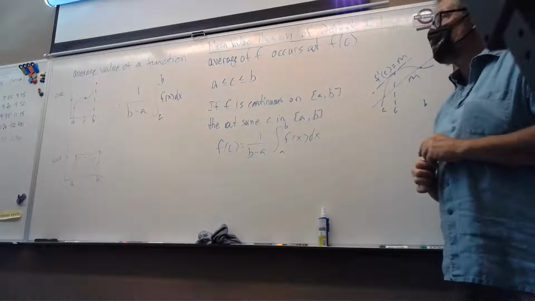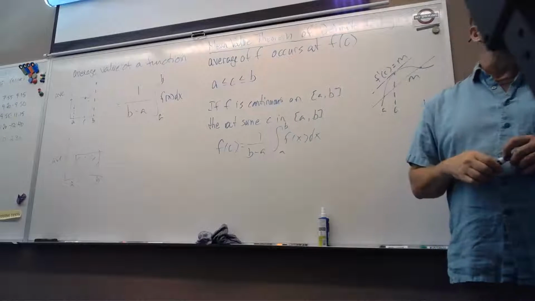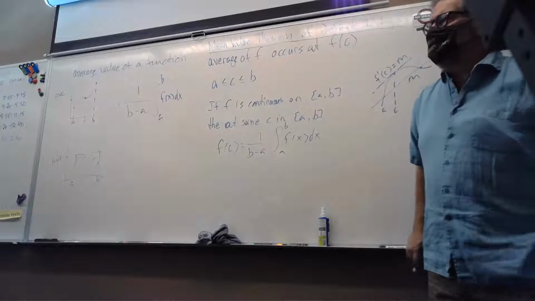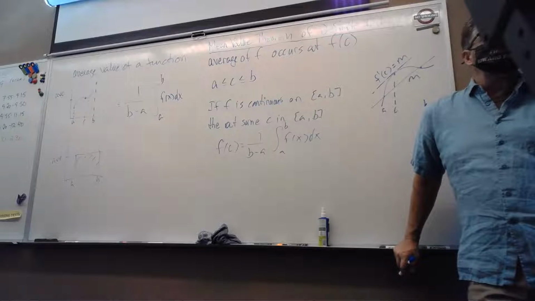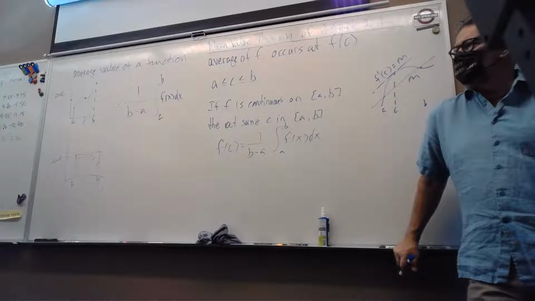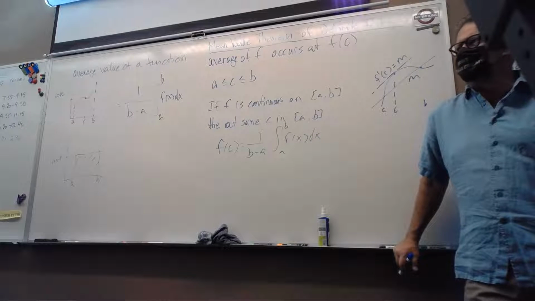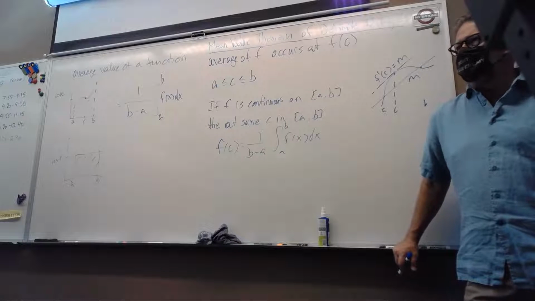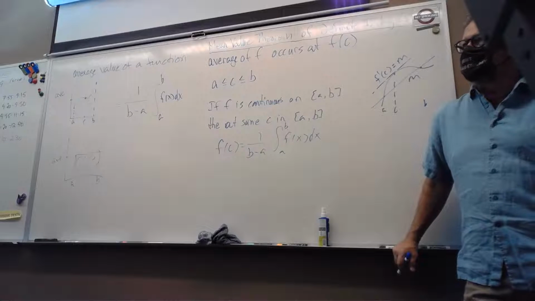What use is this? The use of the mean value theorems in general and the intermediate value theorem that we talked about earlier is that you can start with the assumption that your number exists. And so you're not spinning your wheels trying to figure out something that doesn't actually exist. That's really nice when you're working on a project. Hey, we're gonna do a project to accomplish such and such a goal.